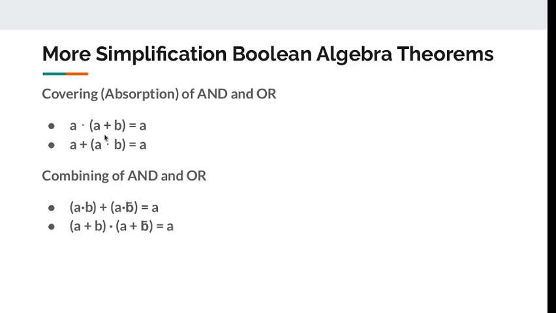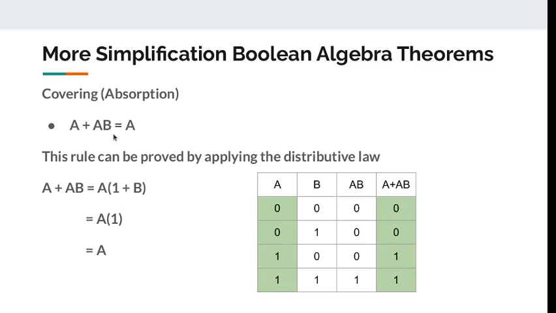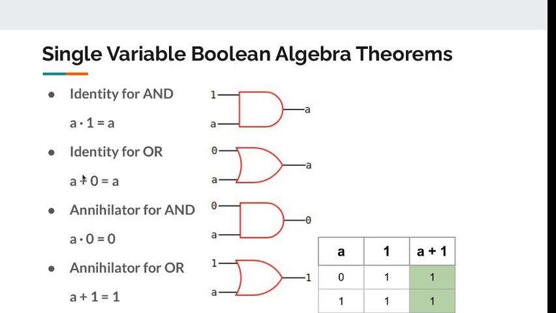Actually, sorry, the second one here, where I have A or A and B, and it's equal to A. So if we take this equation, A or A and B equals A, if you apply the distributive law, where I have A and something or another thing, you can remember that A and 1 is equal to A.